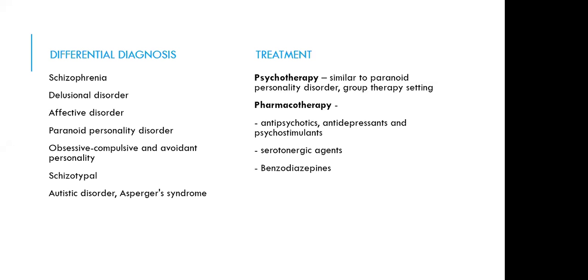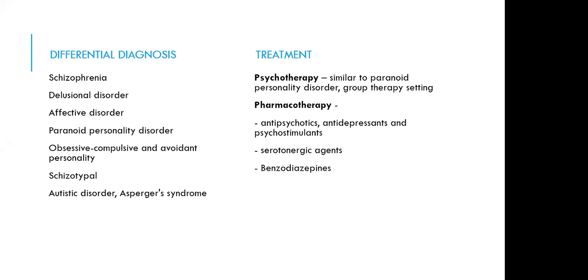Next is autistic disorder and Asperger syndrome. They differ in that schizoid personality disorder has more severely impaired social interaction, and with stereotypical behavior and interest than in those two disorders.